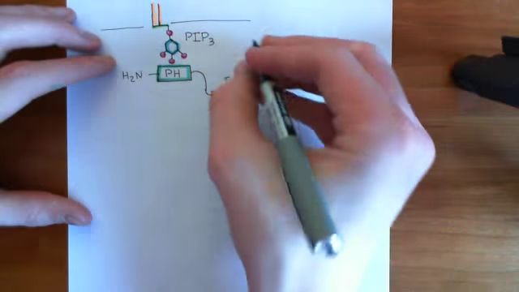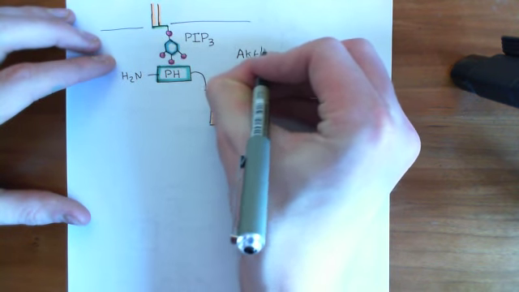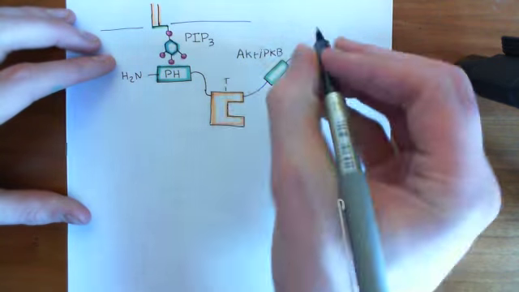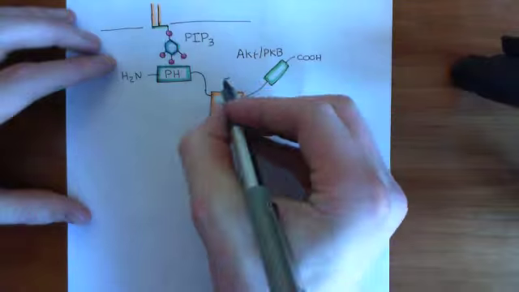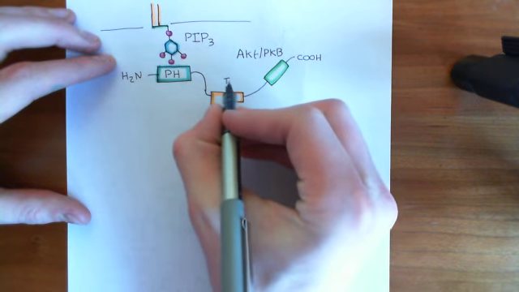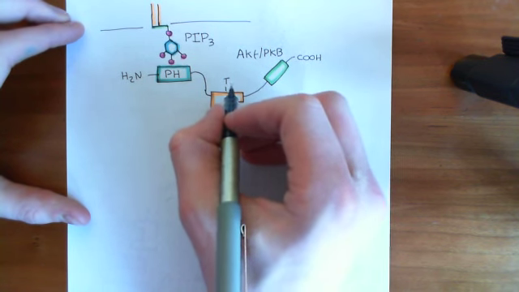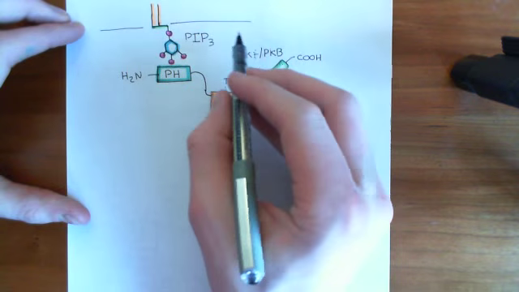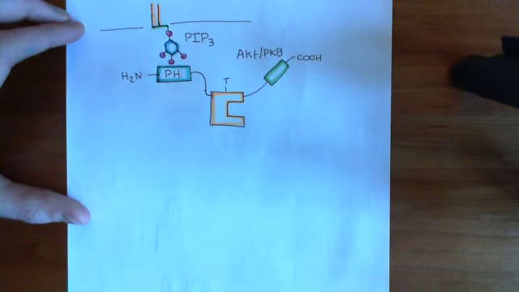What actually changes is the protein kinase B enzyme. Our AKT enzyme, or protein kinase B enzyme, is going to undergo a conformational change when it binds to the PI3K, and this is now going to make this threonine residue available for phosphorylation by the phosphoinositide-dependent kinase 1. So it's subtler than you might imagine. It's not that phosphoinositide-dependent kinase 1 undergoes a conformational change when it binds to the PIP3, which activates it.